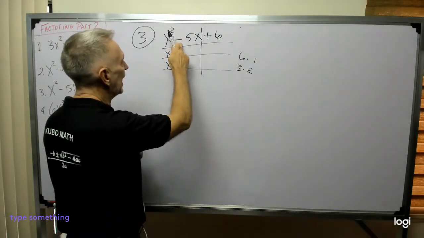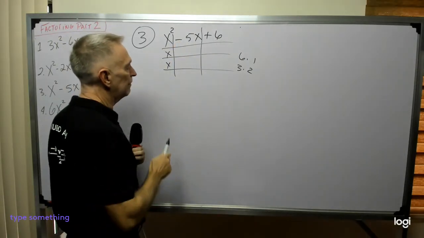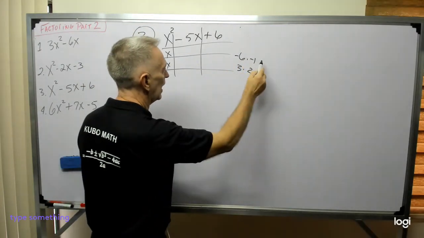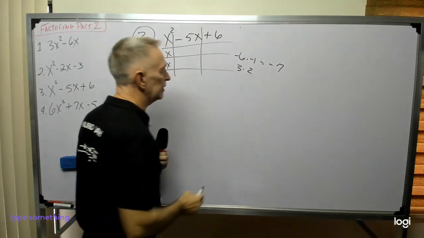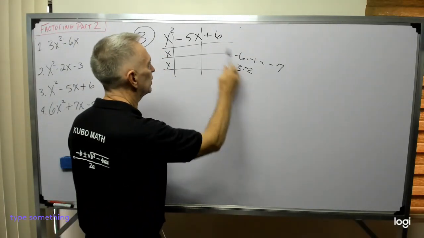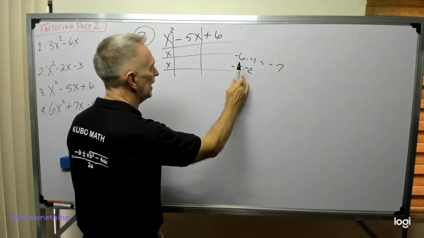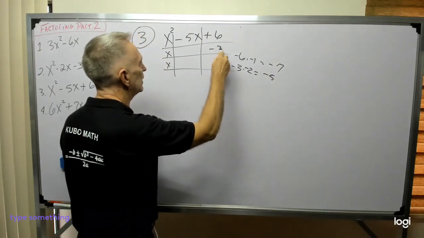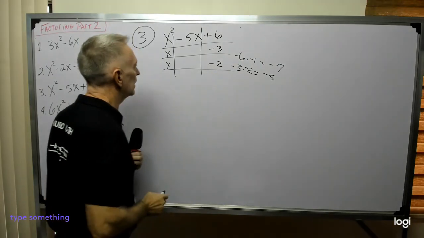But I need them to add together to give me a negative 5. Well, if I have a negative 6 and a negative 1, I add those together, it gives me a negative 7. Negative 3 times negative 2 gives me a positive 6, but added together gives me a negative 5. So I know I need to use a negative 3 and a negative 2.